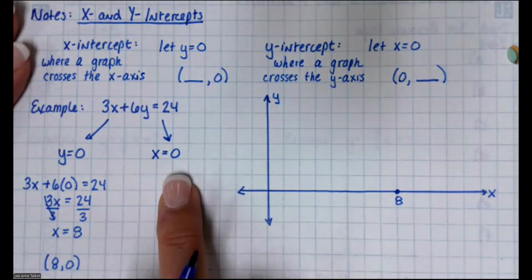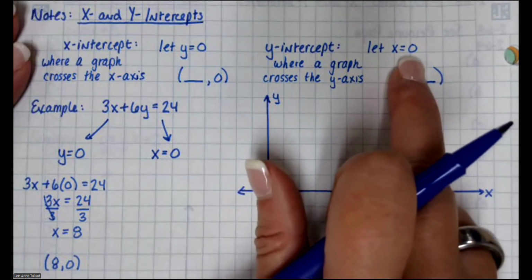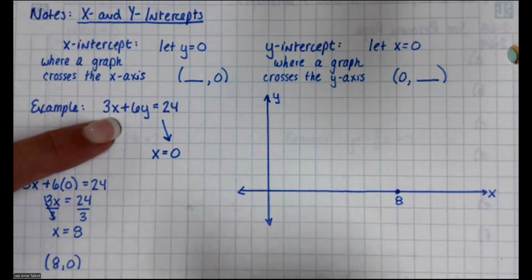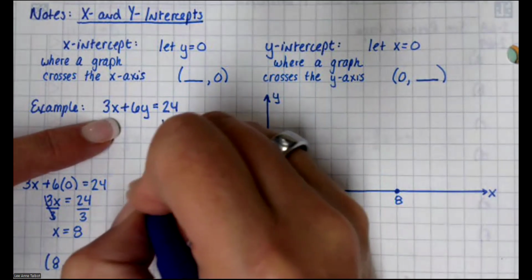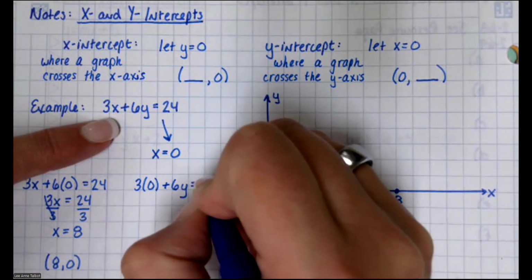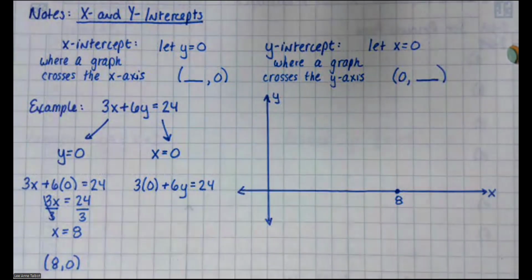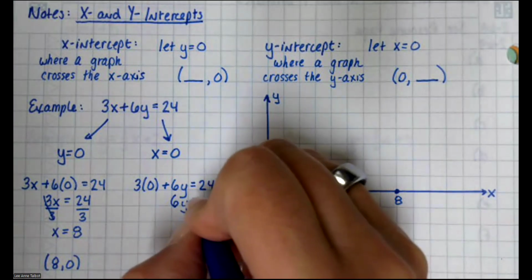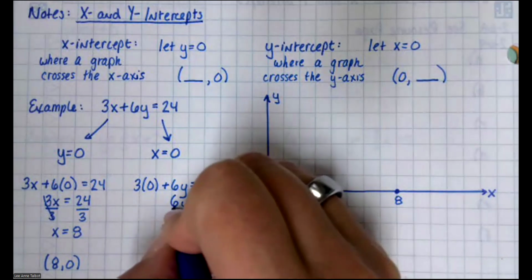Okay, now in this arrow, we're going to find the y-intercept where x is 0. So we're going to put a 0 in the x spot this time. And this part is 0, so 6y equals 24.